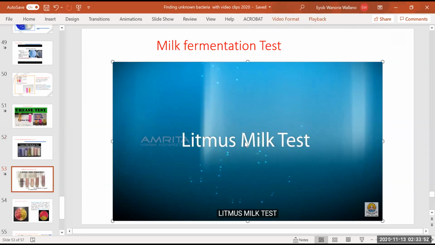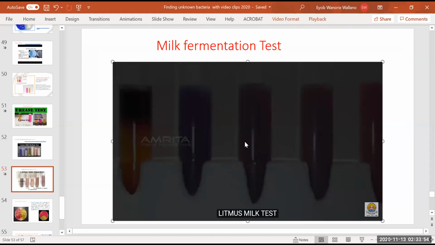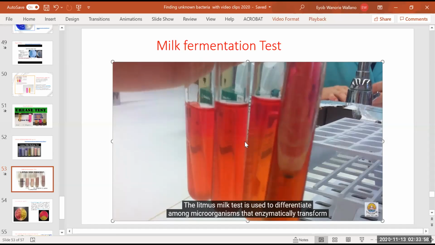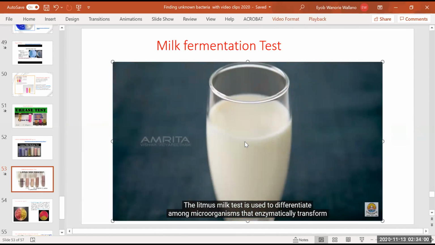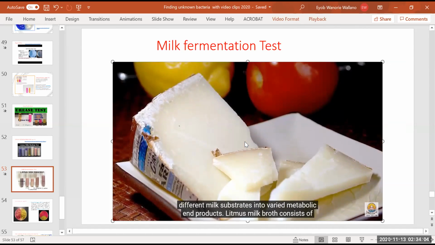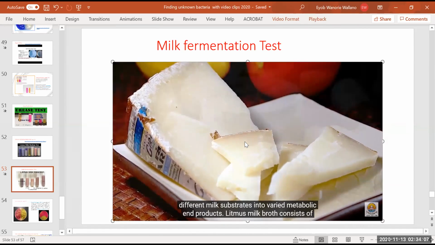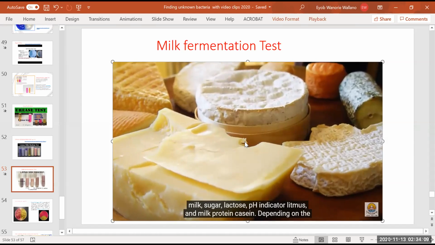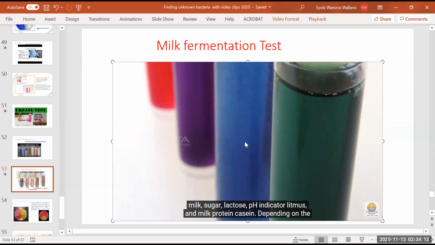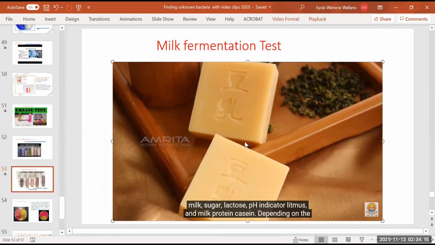Litmus milk test. The litmus milk test is used to differentiate among microorganisms that enzymatically transform different milk substrates into varied metabolic end products. Litmus milk broth consists of milk, sugar lactose, pH indicator litmus, and milk protein casein.